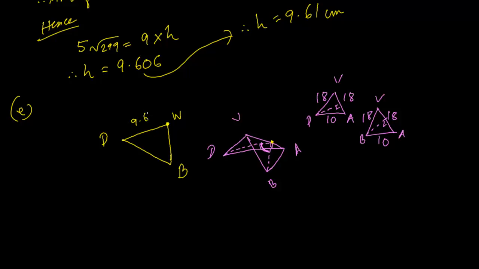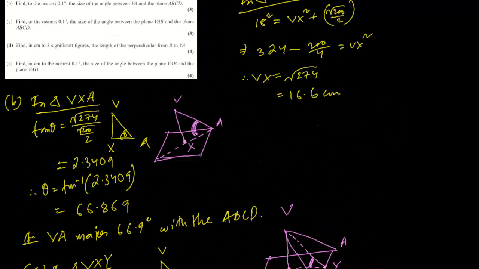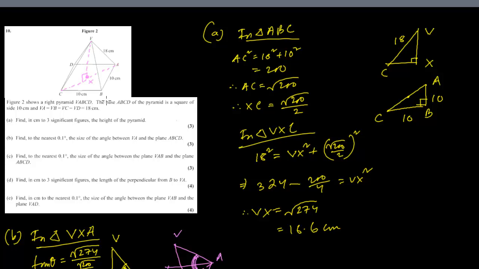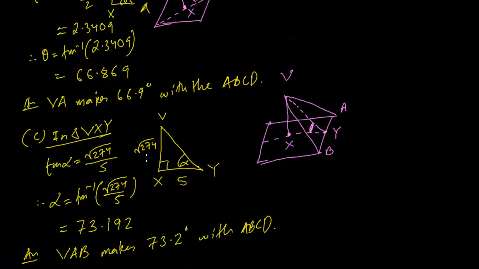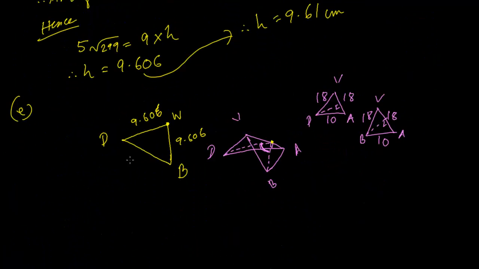So 9.606, and this is also 9.606, and BD is going to be the diagonal which we already found, the same as AC. So the diagonal is square root of 200. So this is going to be square root of 200. So the angle that we have to find is this one.